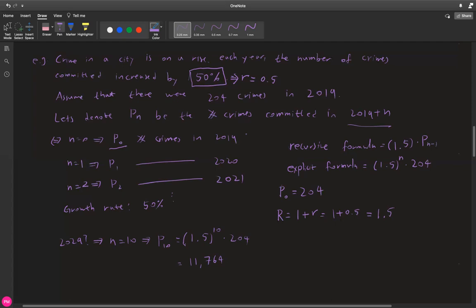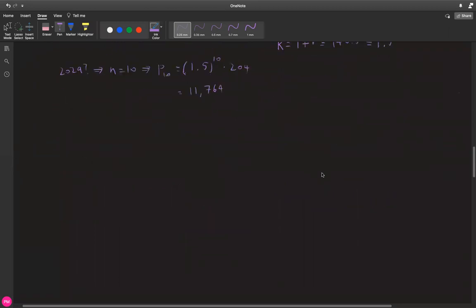Let's now try to find some other example that will be a little bit more different. So let's do one more example like this before we do a few more examples on the geometric sum formula.